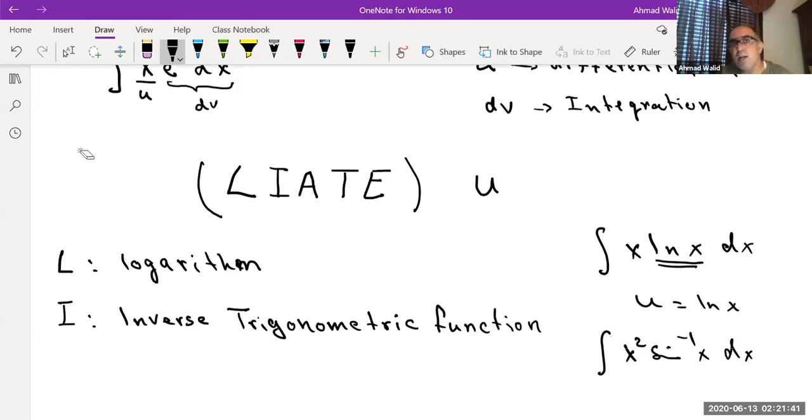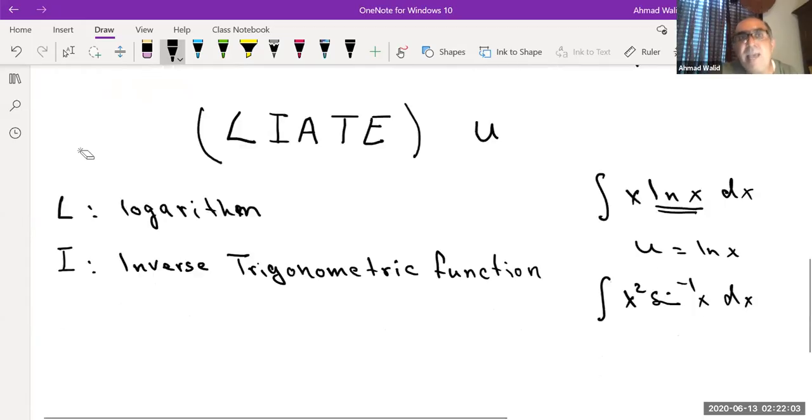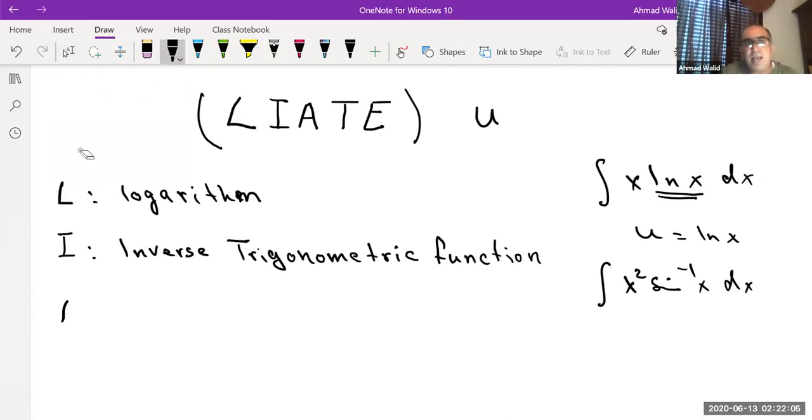Look at the word. I comes before A. A represents algebra. Then your u will be inverse sine x. Your dv will be x squared dx. This word is actually the order, which one you should use as a u. Whatever comes first, correct?